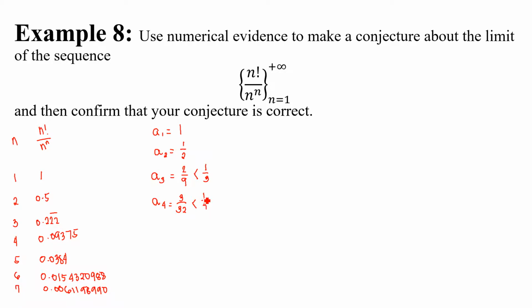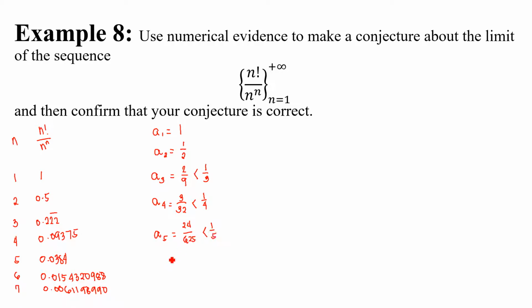Then our fifth term is equal to 24 over 625, which is less than 1 over 5.